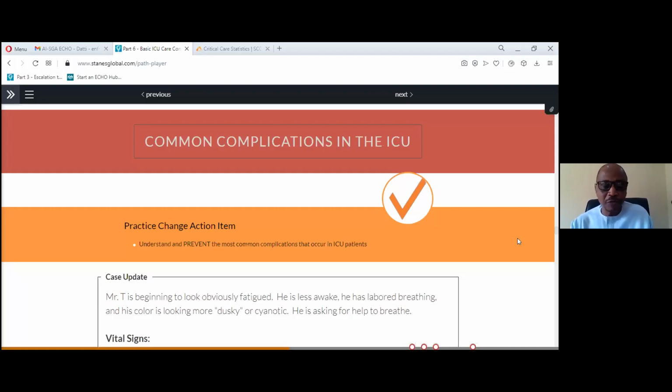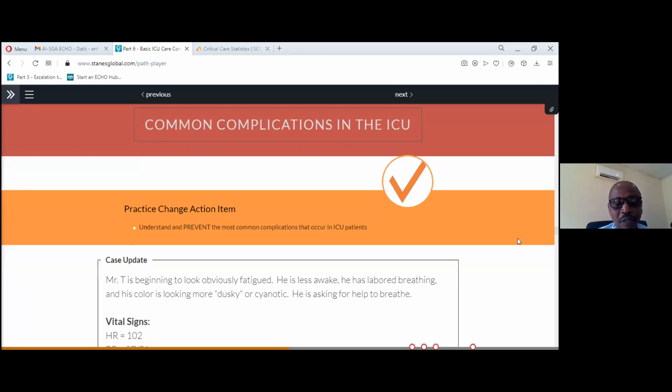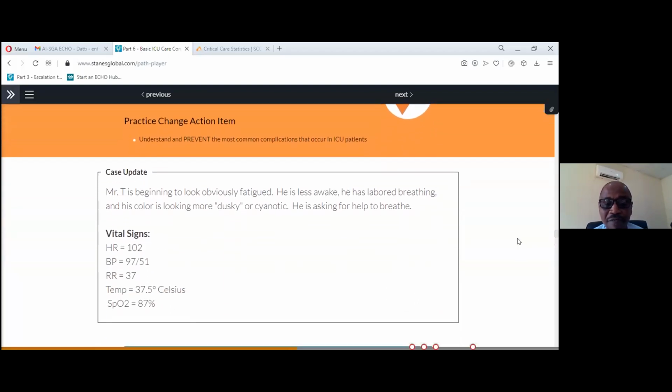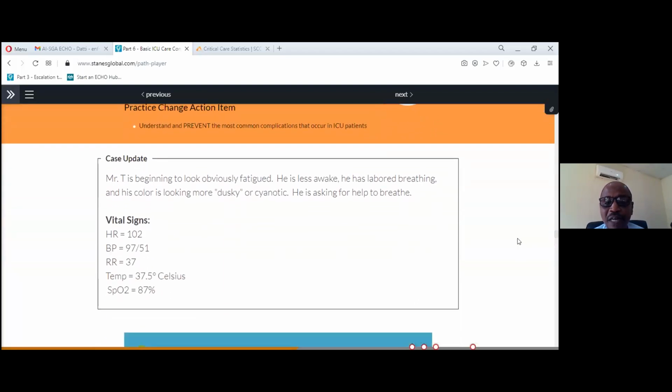Now, the case update here to illustrate this, we go back to our patient. Mr. T is now beginning to look obviously fatigued. He is less awake. He has labored breathing now, and his color is looking more dusky, or rather cyanotic. He's asking for help to breathe. The vitals posted were a heart rate of 102.